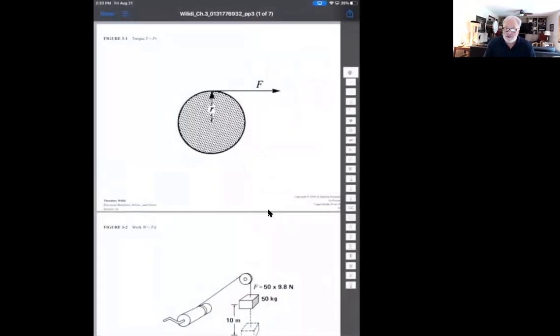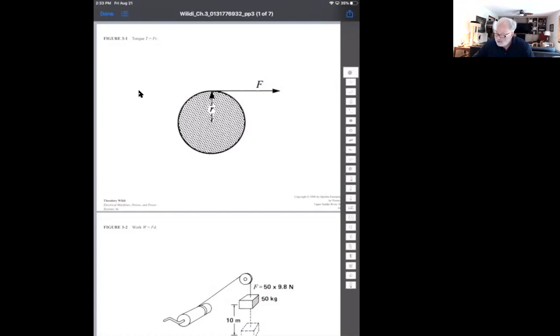Okay, so as you're looking at figure 3.1, this represents exactly what torque is. Torque is produced when a force exerts a twisting action on something, he calls them a body, tending to make it rotate. And torque is equal to the product of the force times the perpendicular distance between the axis of rotation and the point of application of the force.